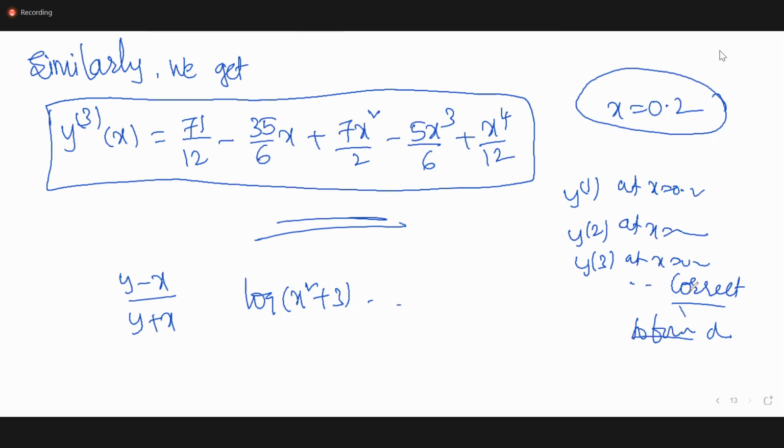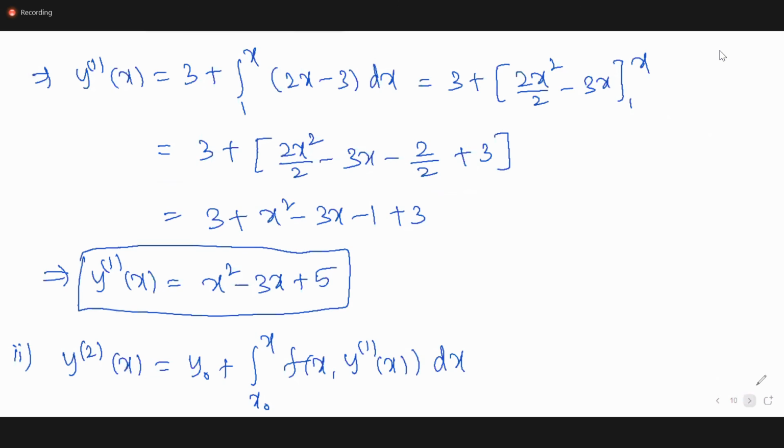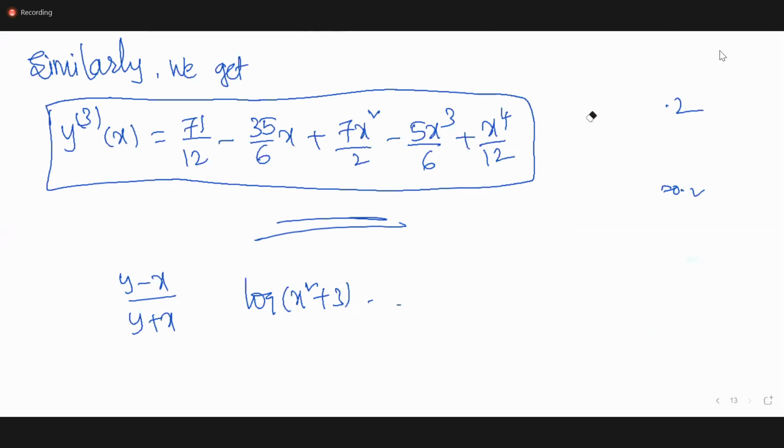The third approximation is 71 by 12 minus 35x by 6 plus 7x square by 2 minus 5x cube by 6 plus x power 4 by 12.